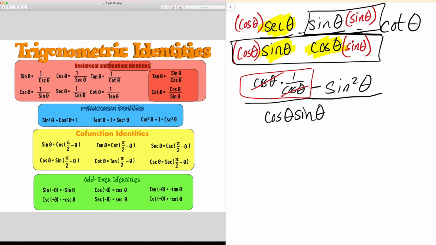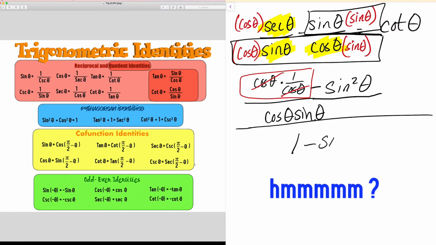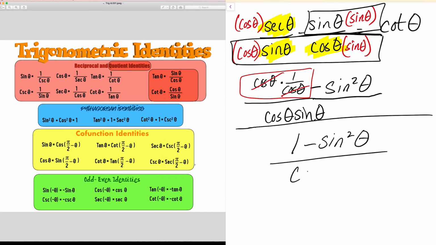I'm starting to see where this is going, because it's 1 minus sine squared theta over cosine theta sine theta. I hope that tells you that I'm looking at, again, a Pythagorean identity. 1 minus sine squared theta equals cosine squared theta.